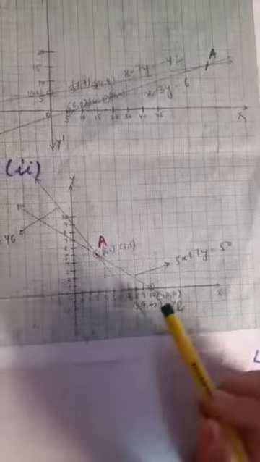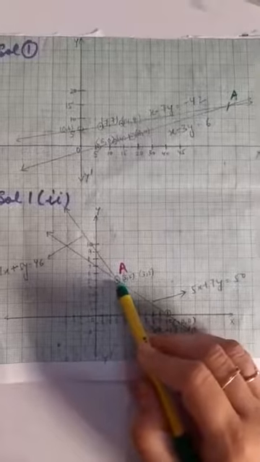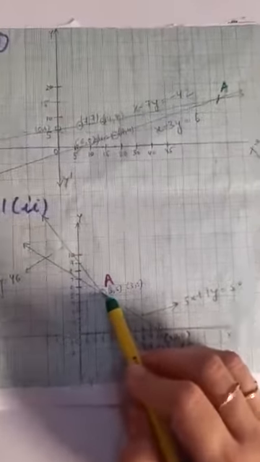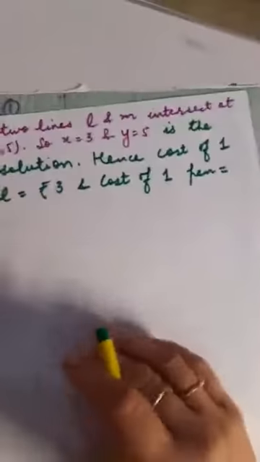Definitely I have to reach which quadrant? Quadrant number 4. So this is 8, minus 2 shown here. And the other point was 3, 5. This I have already plotted. When I drew both the lines, I can see that the lines are intersecting and I have got the solution also. What is the solution? That is 3, 5. So what can I say through this?